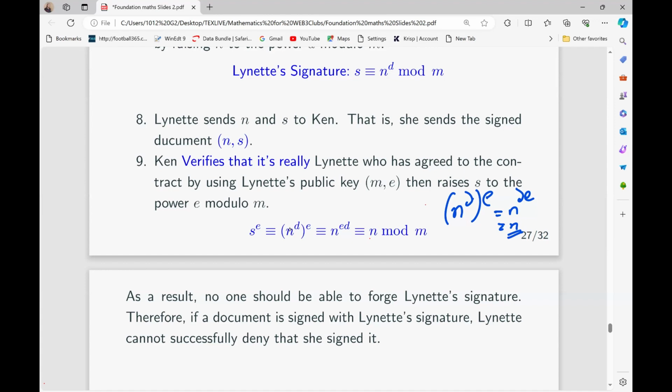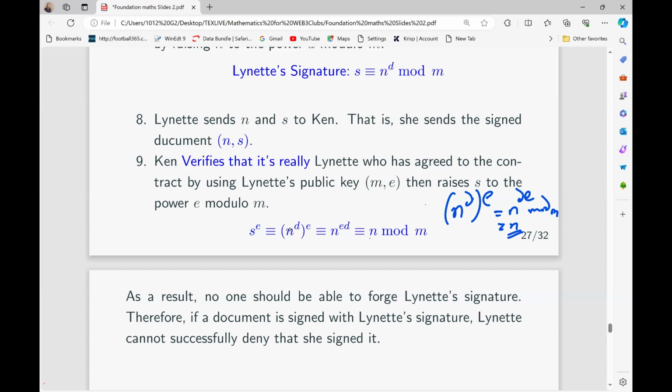Because when you multiply these two using a calculator, it'll give you a very big number. But remember, this is mod M. Then work on it using the fast powering algorithm.